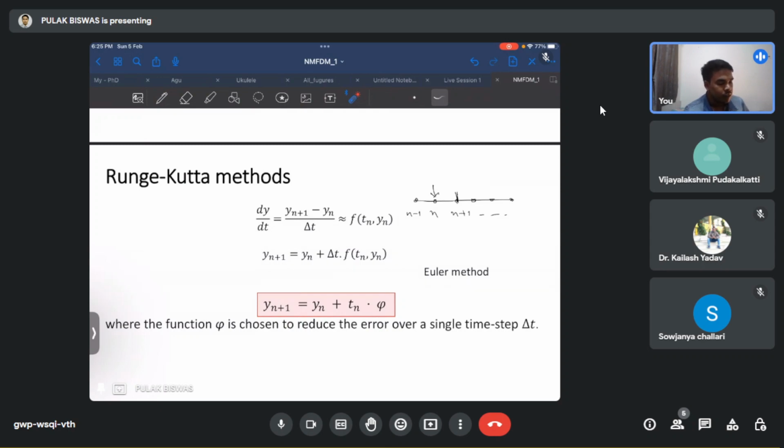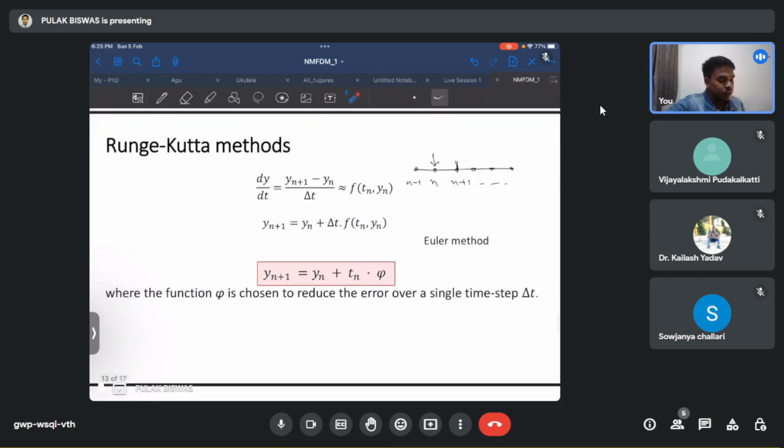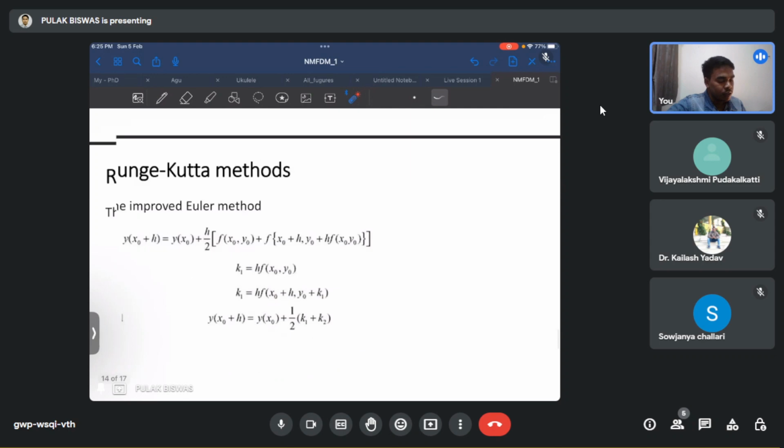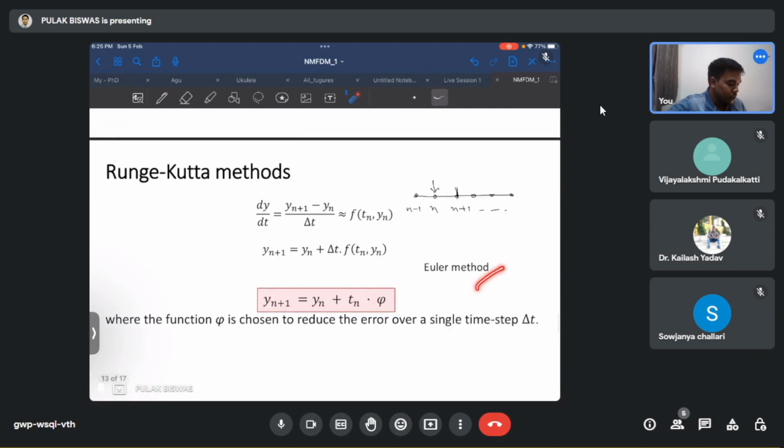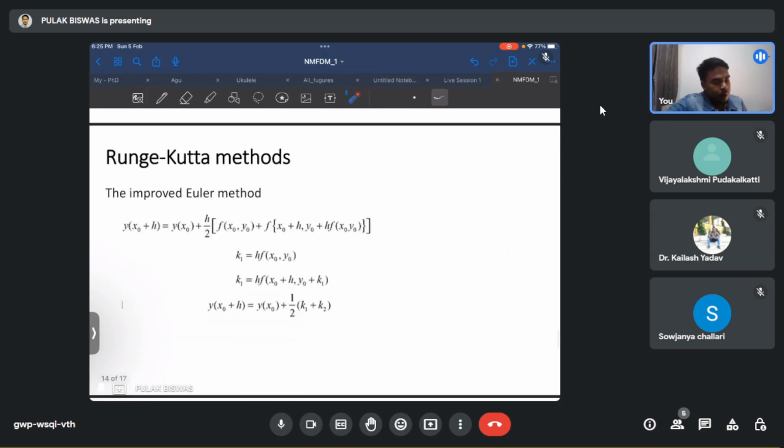Now there are different schemes based on this Runge-Kutta method. One is Euler's method, which I already discussed, where this function is exactly equal to whatever function is on the right side. Then there is the improved Euler method, or modified Euler method.